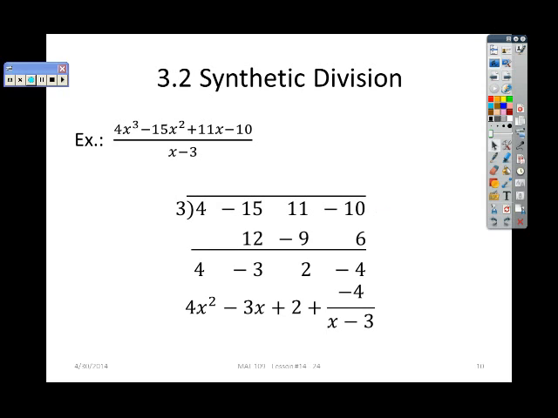So that's what we wound up with for this division. And that's all it takes. This division takes 1, 2, 3, 4 lines to do. So very simple, but very useful tool.